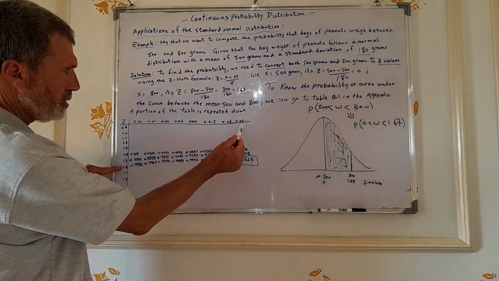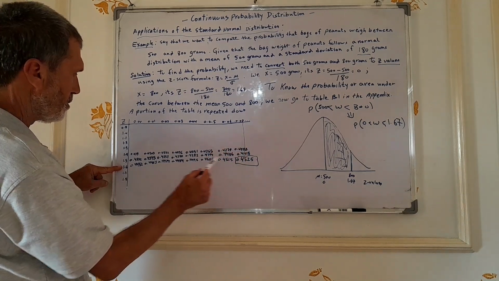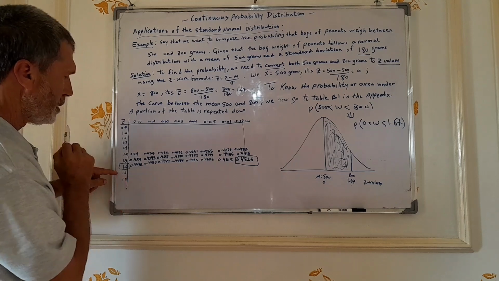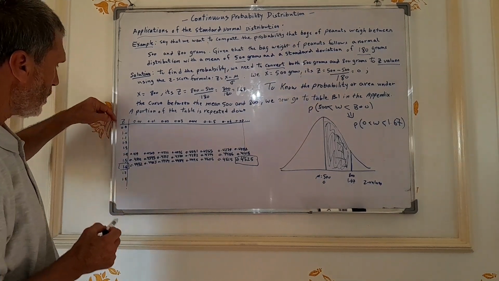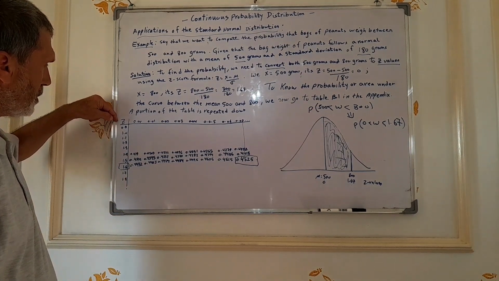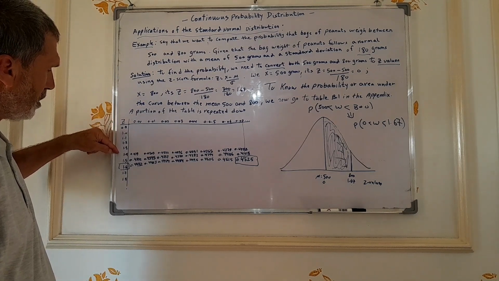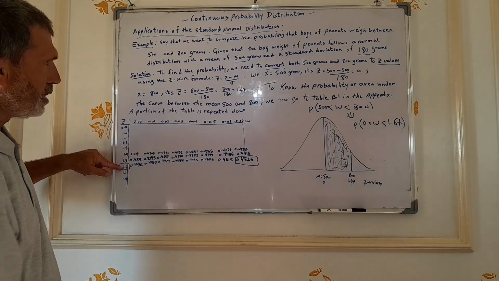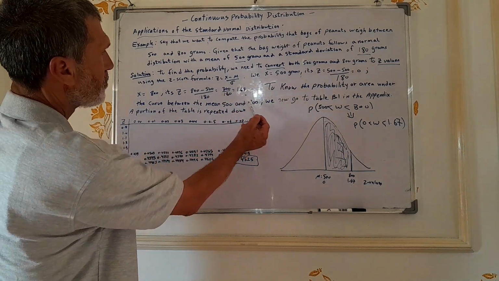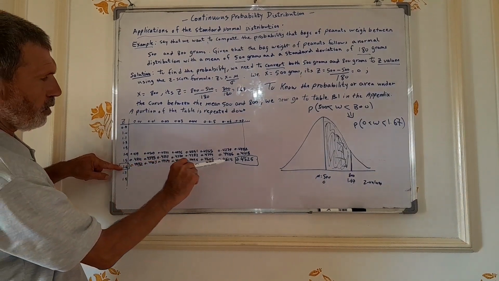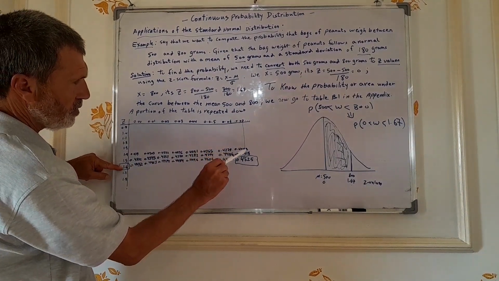So we move down in the column headed by z of this table all the way to 1.6. We have 1.67, and then we move horizontally to the right all the way to 0.07.